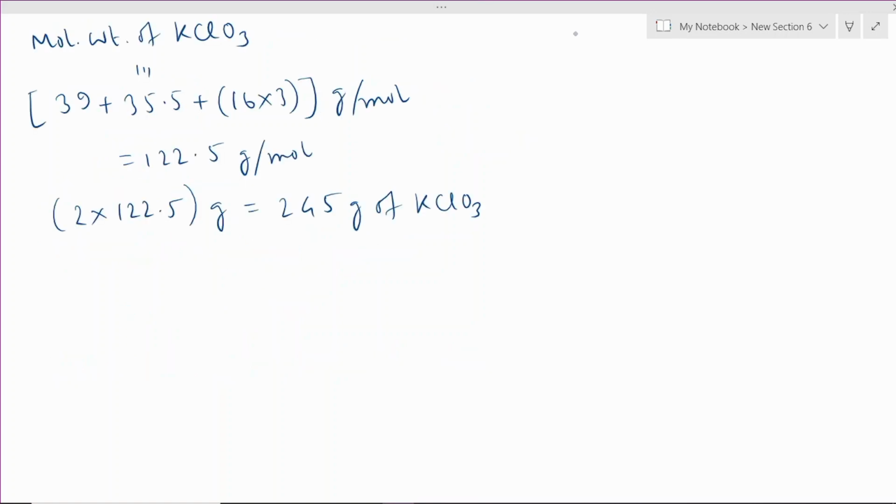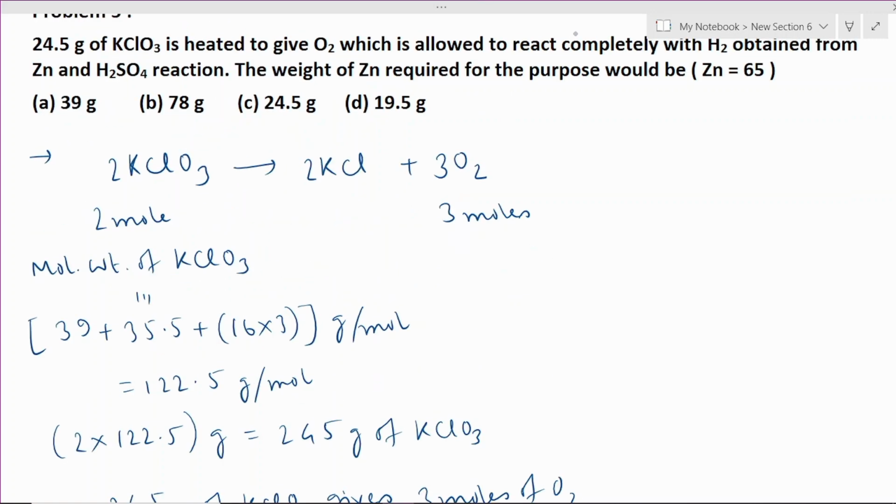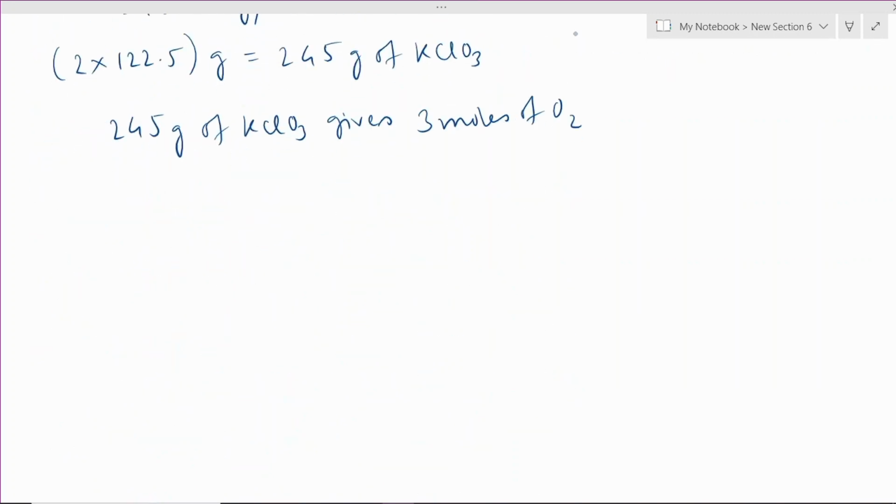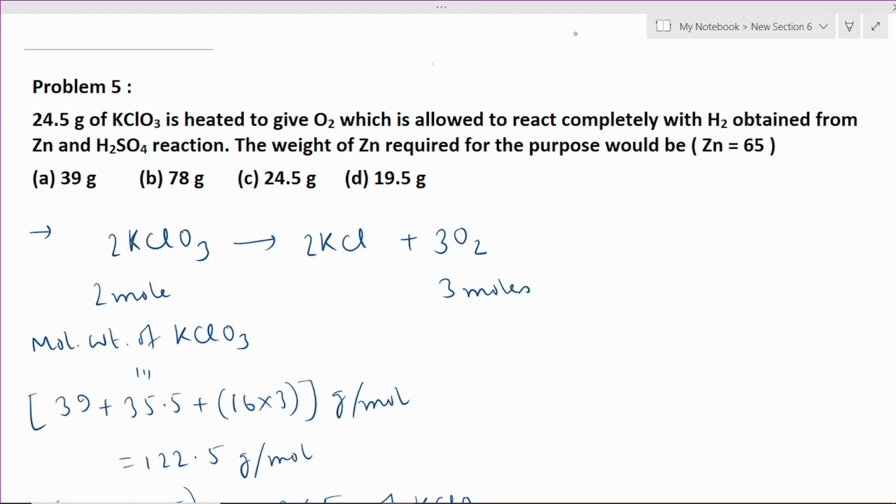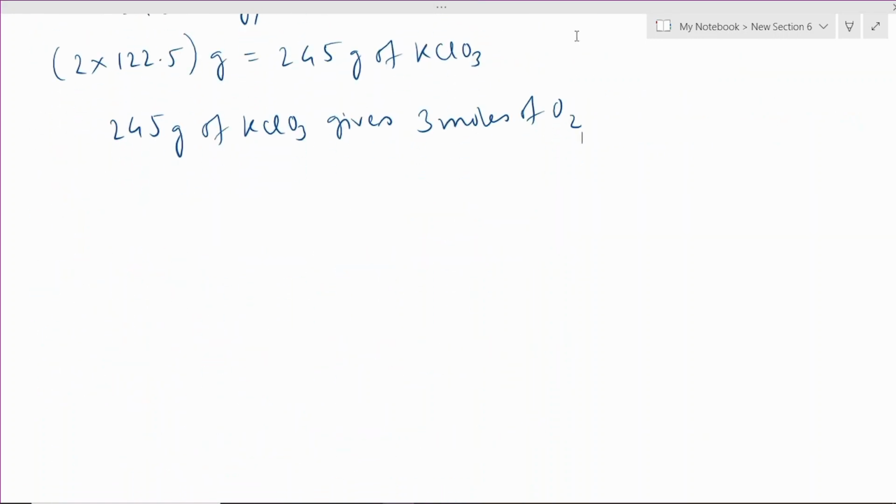So you can say that 245 gram of potassium chlorate gives 3 moles of oxygen. Here the weight of potassium chlorate is 24.5 gram.